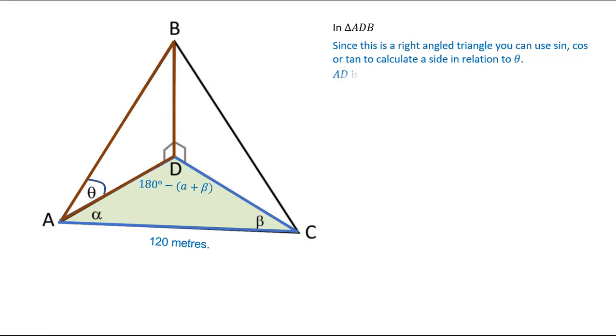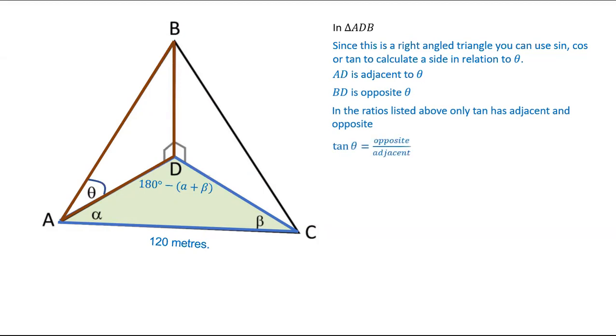But here's the thing. I want BD, but I've got AD in that triangle, which is adjacent to theta, and BD is opposite theta. And from the ratios I listed above, you will notice that the only ratio that has adjacent and opposite is tan. And tan theta here will be opposite over adjacent. The opposite side will be BD, and the adjacent side will be AD.